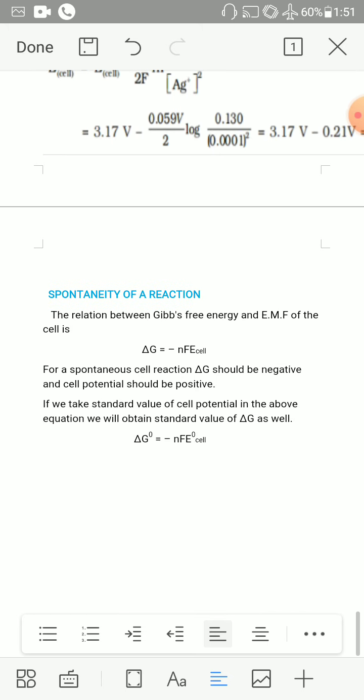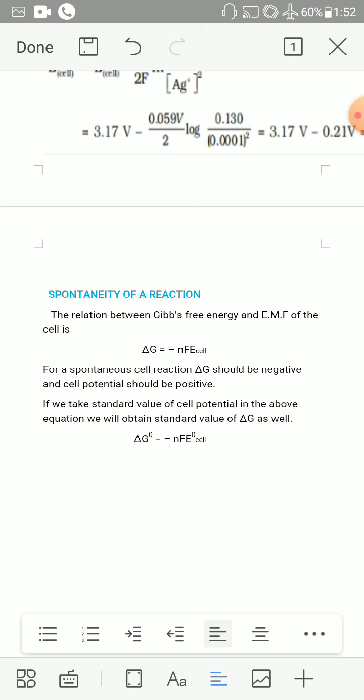Now one thing you have to remember: how to check whether a reaction is spontaneous or non-spontaneous. The relation between Gibbs free energy and EMF of the cell is delta G, the Gibbs free energy, is equal to minus nF E cell, where n is the number of electrons, F is the Faraday constant, and E cell is the cell potential.